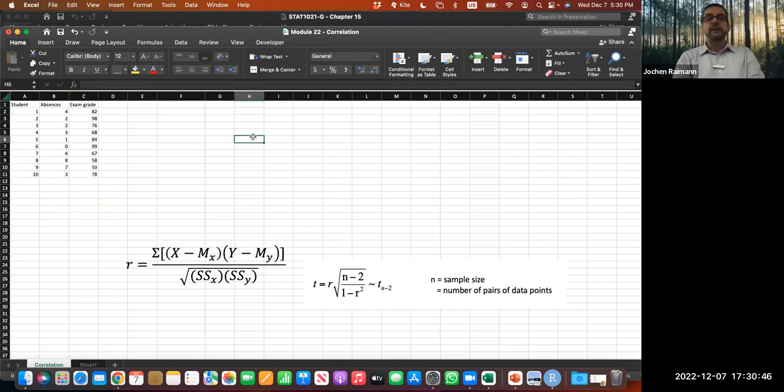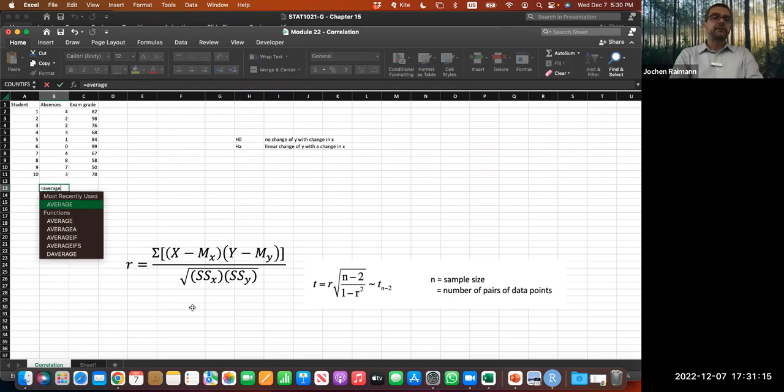okay, so the null hypothesis H0 is no change of Y with change in X. And now HA would be a linear change of Y with a change in X. So based on that, we're calculating next our averages.